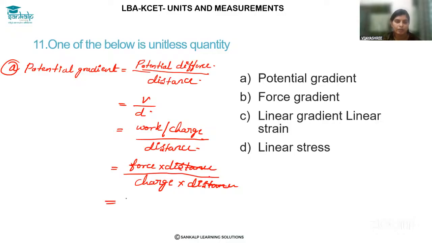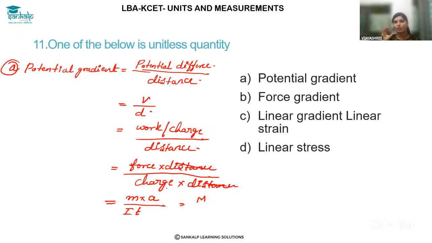Force is mass into acceleration, and charge is current into time. So force is mass into acceleration, and charge is current into time. The dimensional formula of mass is M.